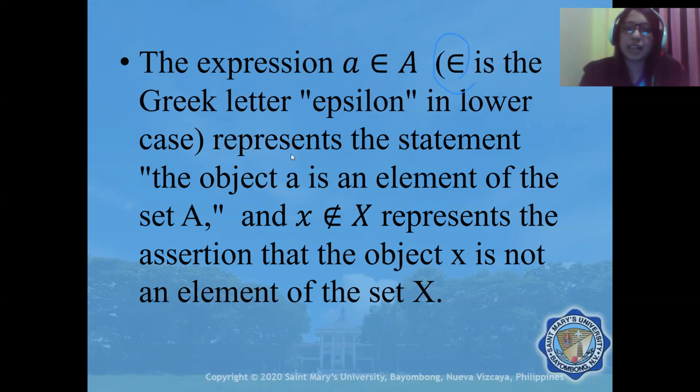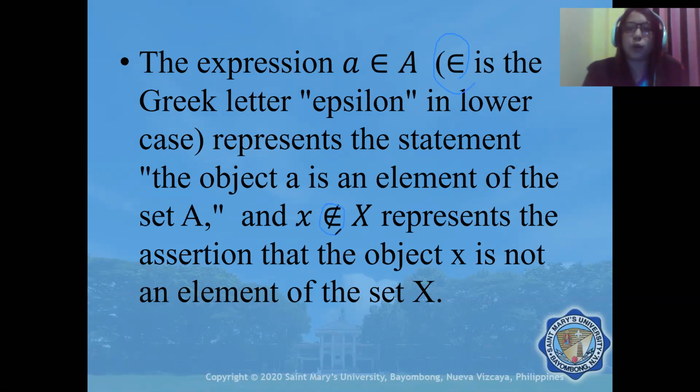It represents the statement that small letter a, epsilon, capital letter A, means that the object a is an element of set A. While if we place a slash, epsilon with a slash, it means that it is not an element. So this means that object x is not an element of set X.